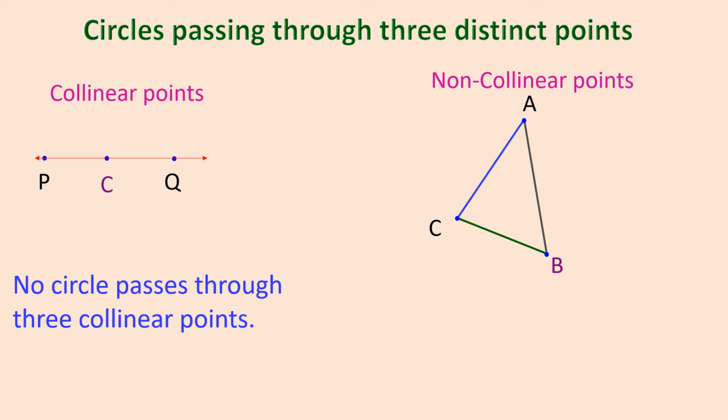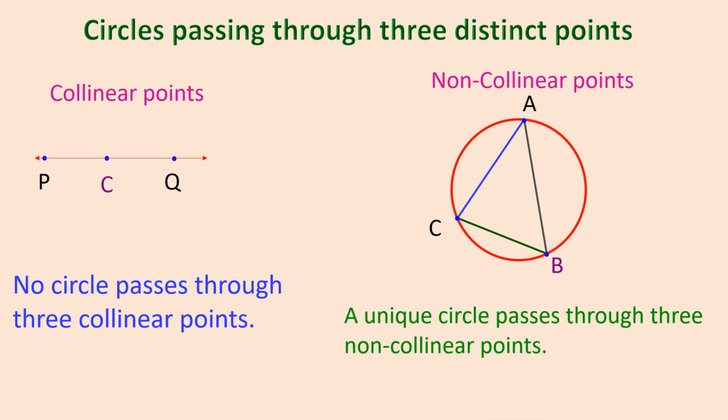So how many circles will pass? One and only one circle can be drawn which passes through all three non-collinear points. Therefore we say a unique circle passes through all three non-collinear points, and we call it the circumcircle. I hope it is clear.